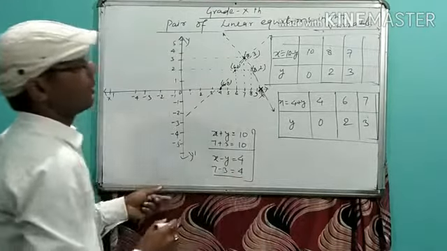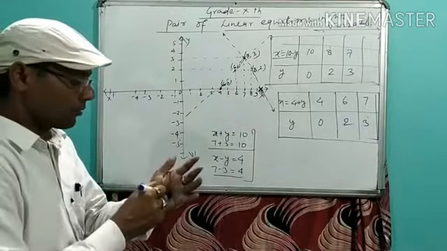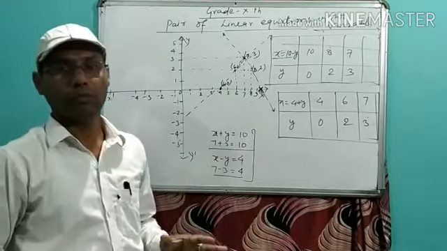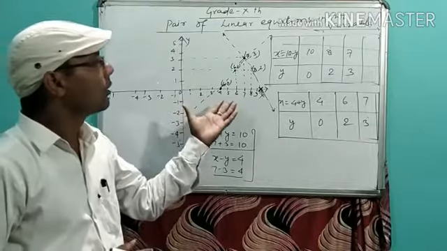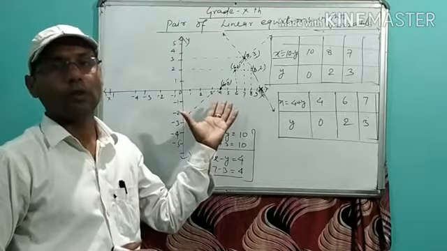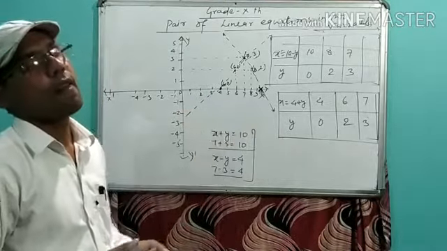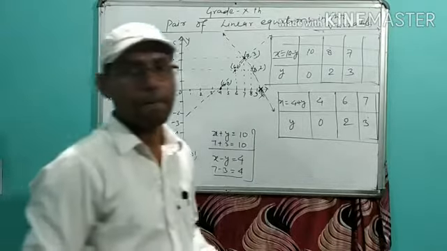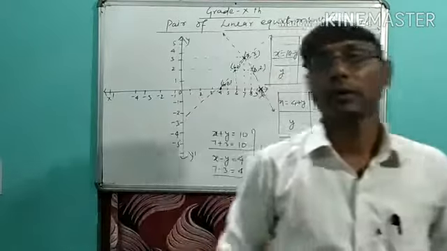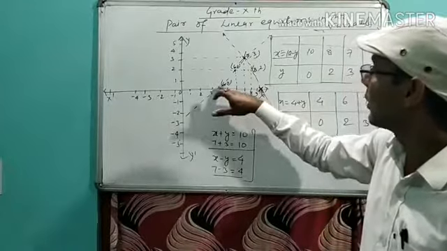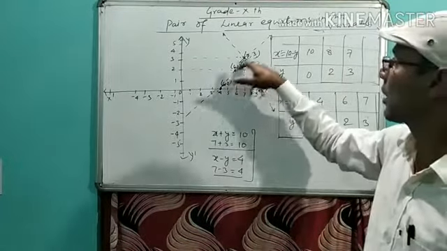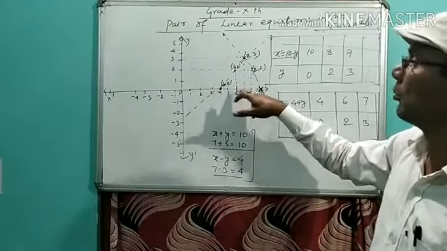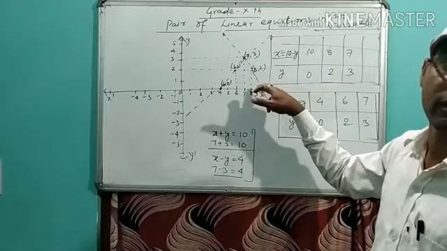In this way you can get the values of two variables and represent them on the graph paper. You can locate the area. Look here, a triangular region is formed with the x-axis.